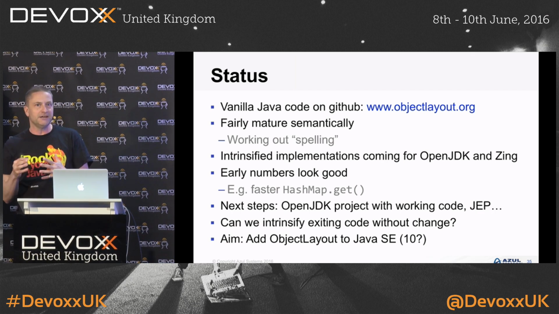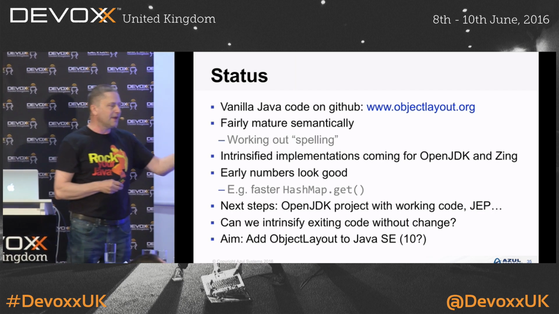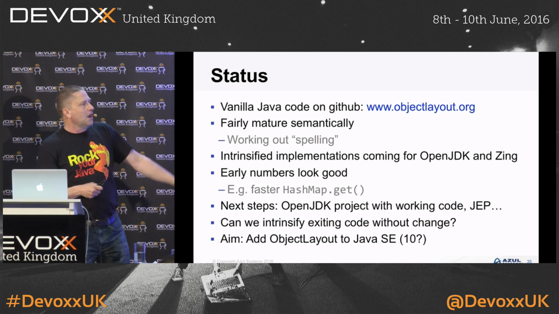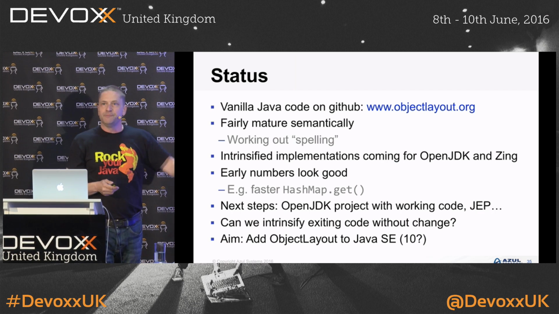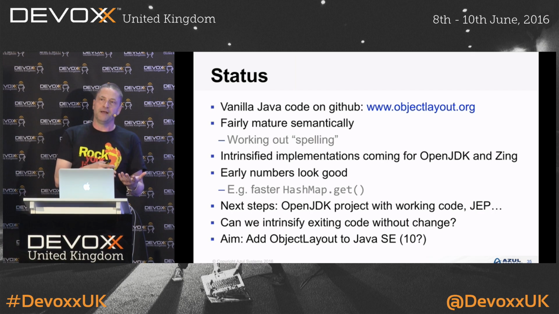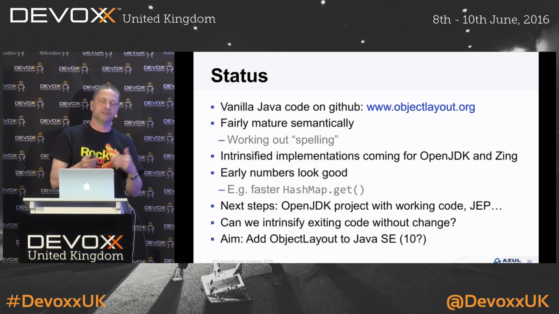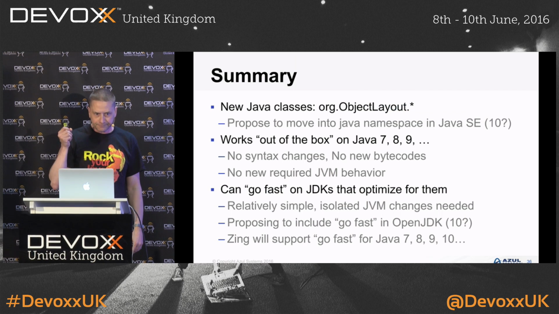You don't actually have to change any of the code. It will figure it out for you. That's a bigger project. We haven't quite got there yet. Yeah, and then obviously we need to get object layout into the Java SE specification, and then we need to get the JDK to improve performance by intrinsifying what's actually going on underneath.